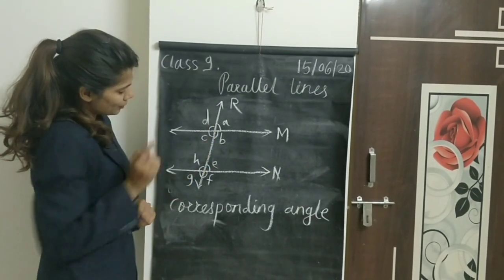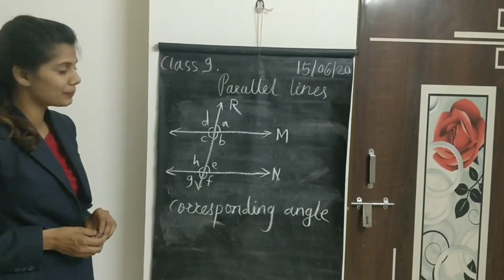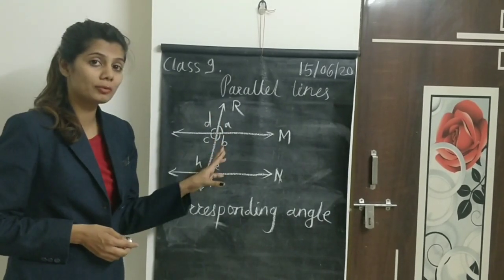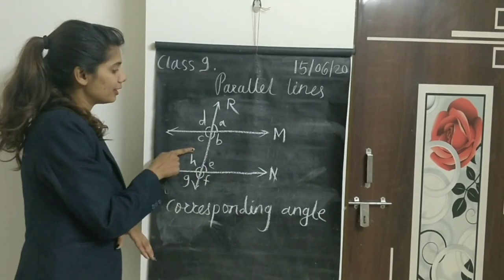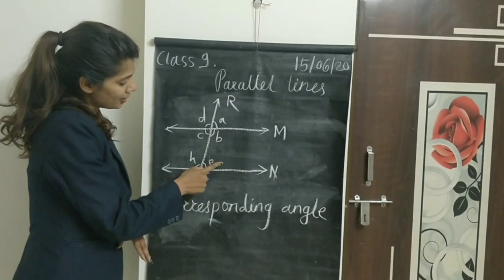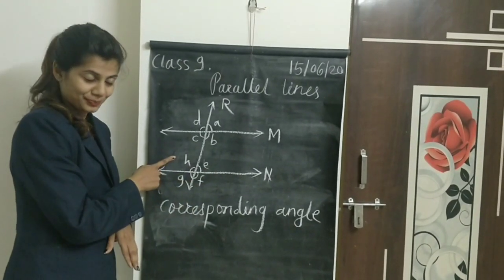We will now name the angles formed by this transversal: angle A, angle B, angle C and angle D. Similarly at this point we have E, F, angle G and angle H.